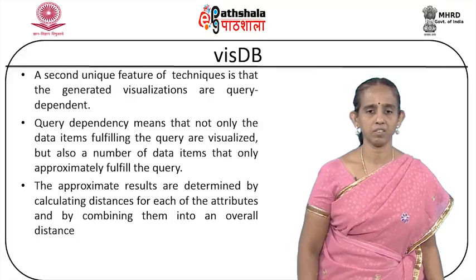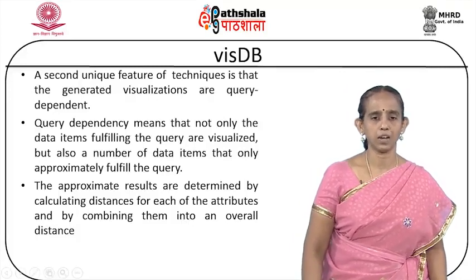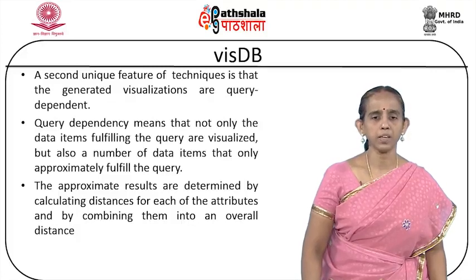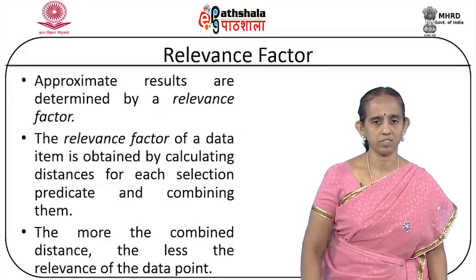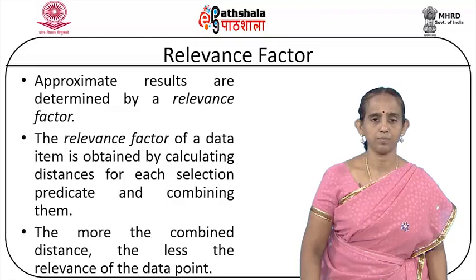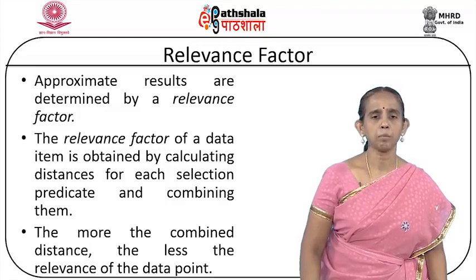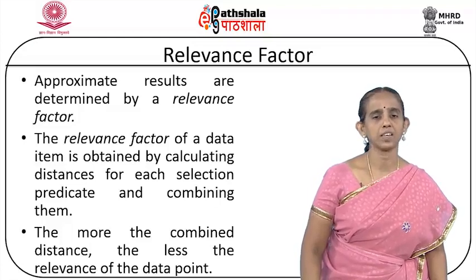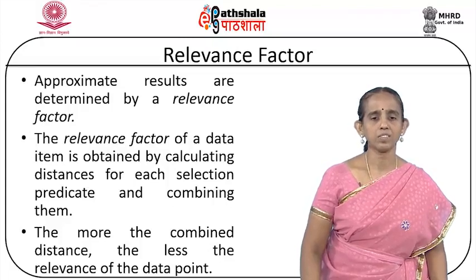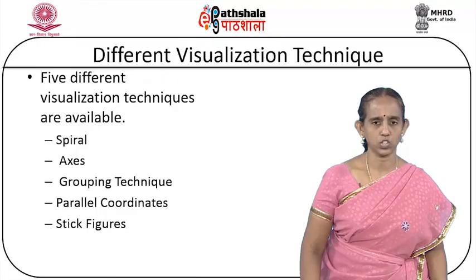The approximate results are determined by calculating the distances for each of the attributes and by combining them into an overall distance, the relevance factor. The relevance factor of a data item is obtained by calculating distances for each selection predicate and combining them. The greater the combined distance, the less the relevance of the data point.